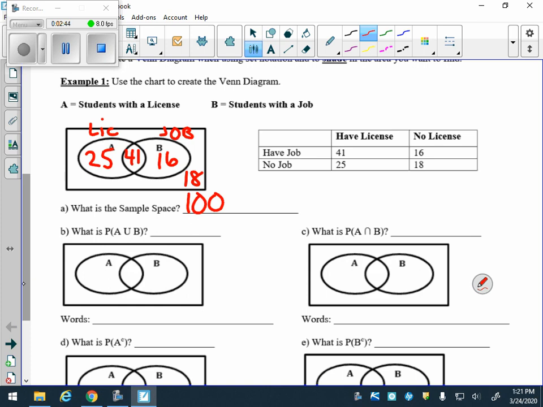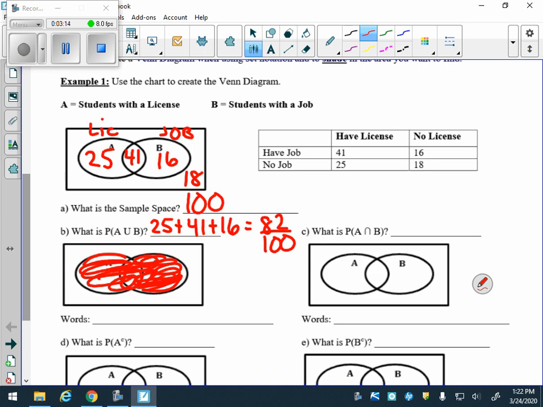Well, if we were going to shade it, you're shading the whole Venn diagram except the outside. So therefore, you will be adding together 25 plus 41 plus 16. That gives you 82 out of 100, and you could reduce, or 82%.